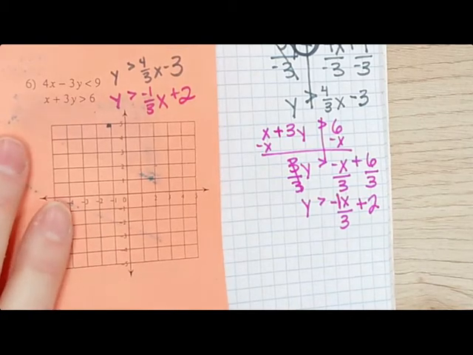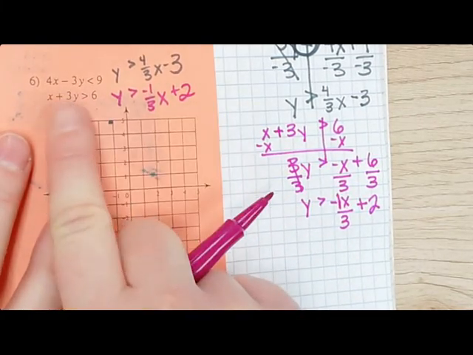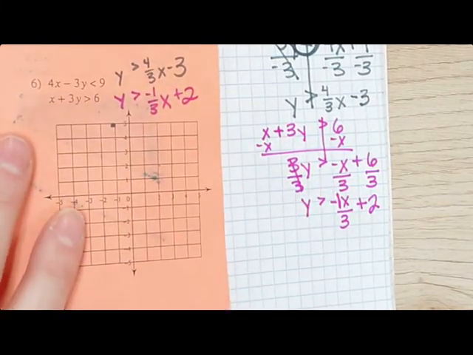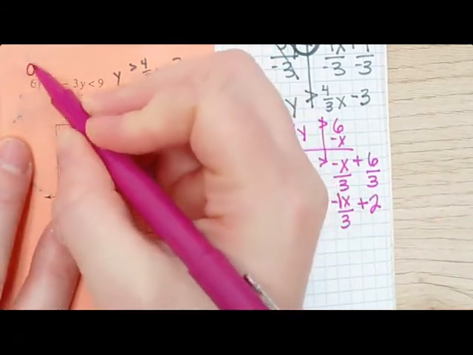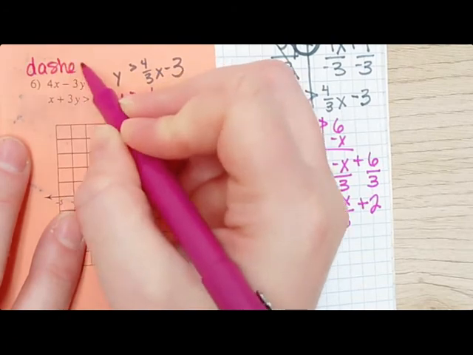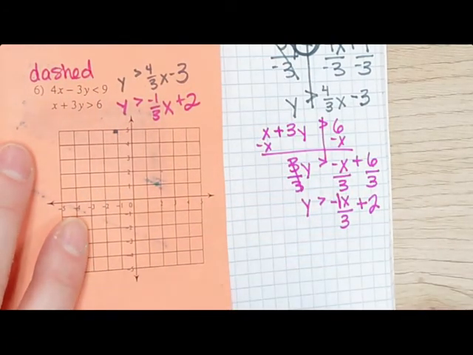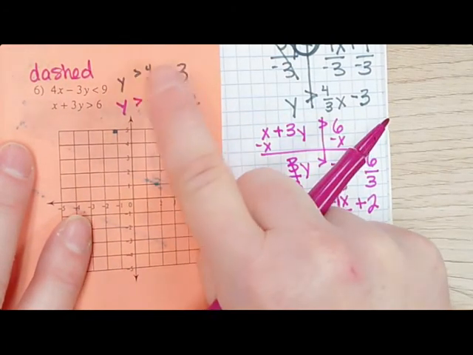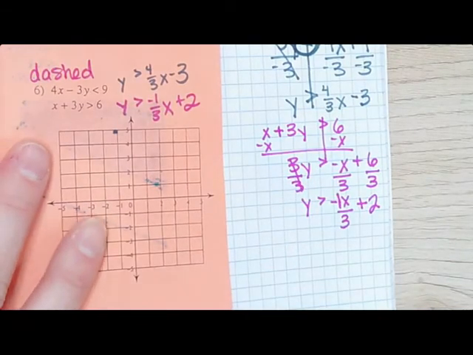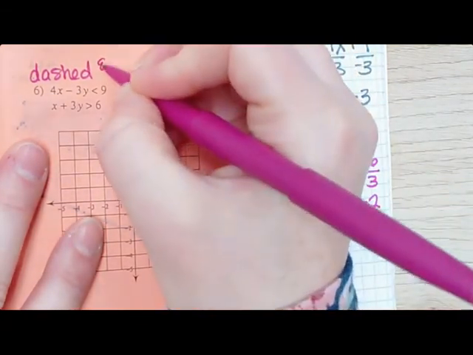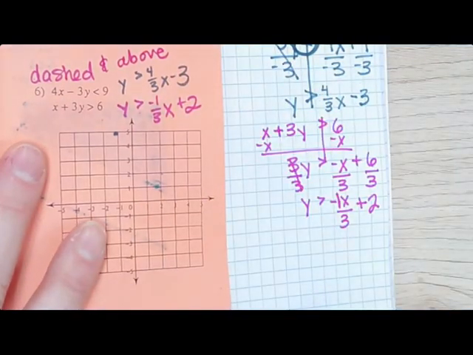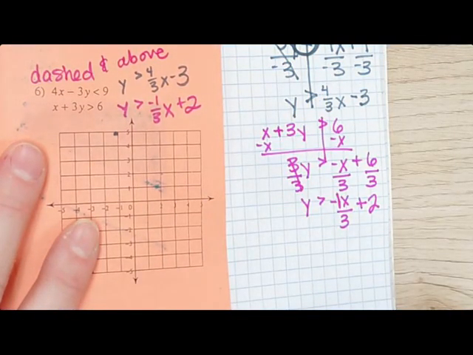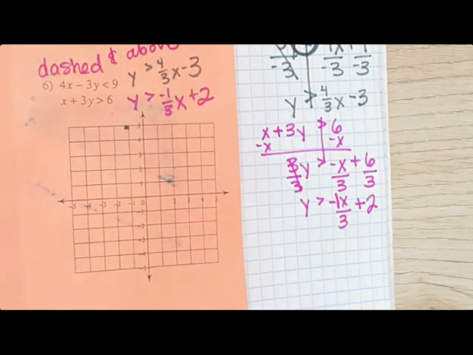We're going to go ahead and graph these. We'll start out with the first one. What kind of line will I have, on both of these actually? They're both going to be dashed, and they're both greater than, right? Dashed and above on both of them. So let's graph it.